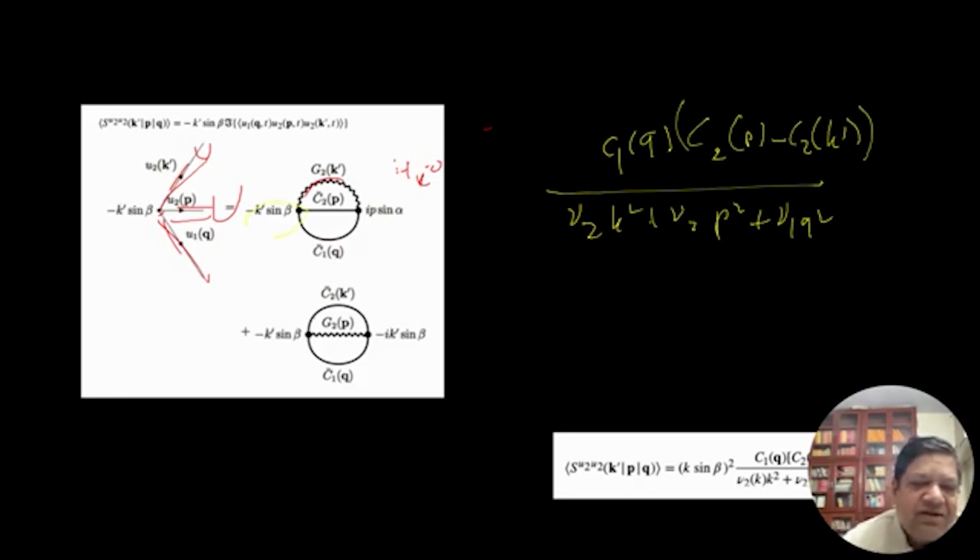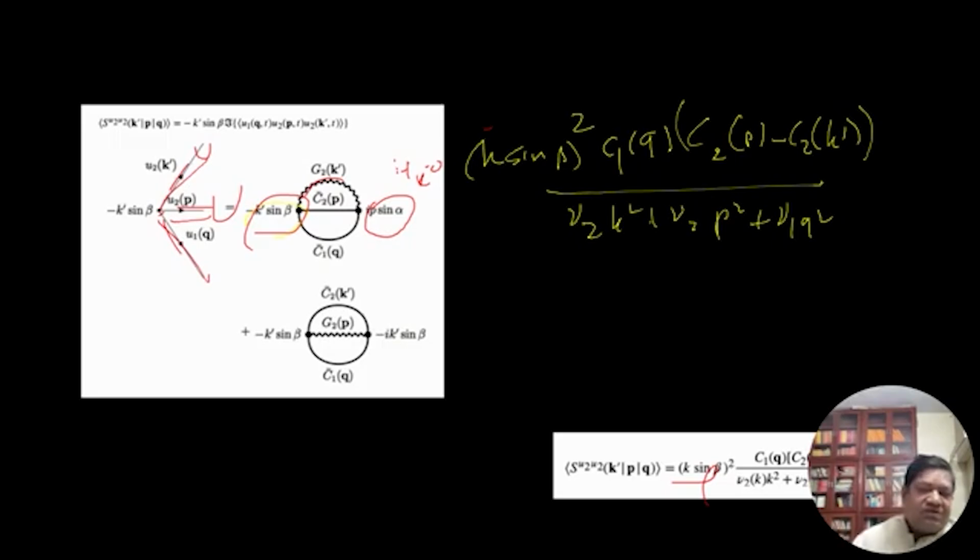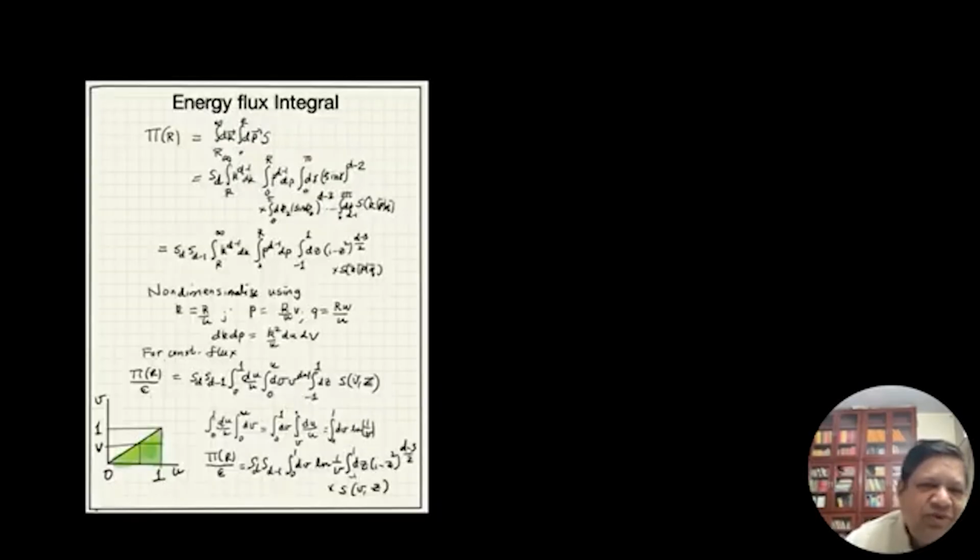These two guys are, this K prime sin beta can show that it is P sin alpha. Okay, so that's why you get K sin beta squared. Okay, so I can write this part as K sin beta squared. Okay, so this is U2, and we can see which is giving energy to whom.